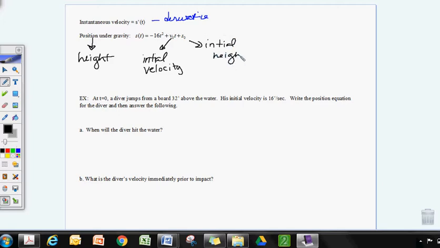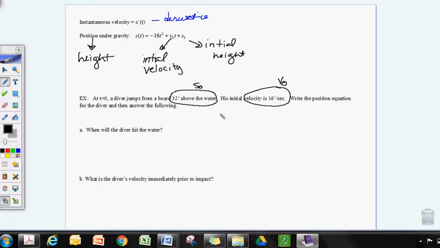So you're going to have to be able to make your own equations. So at time equals 0, a diver jumps from a board 32 feet above water. This is my initial height. His velocity is 16 feet per second. That is my V of O. Write the position function for the diver and then answer the following questions.